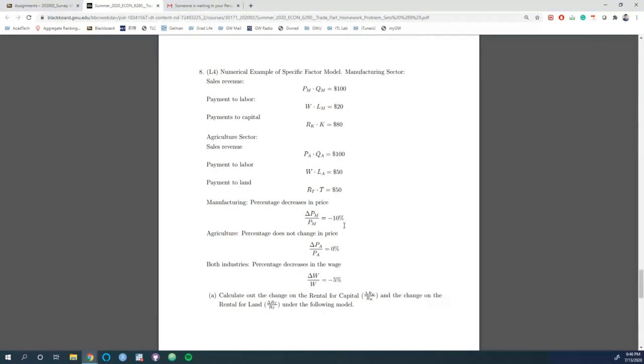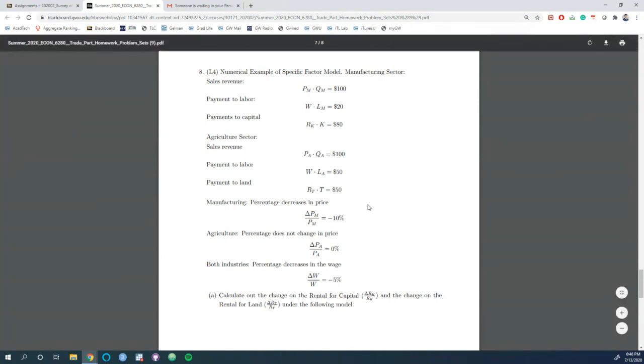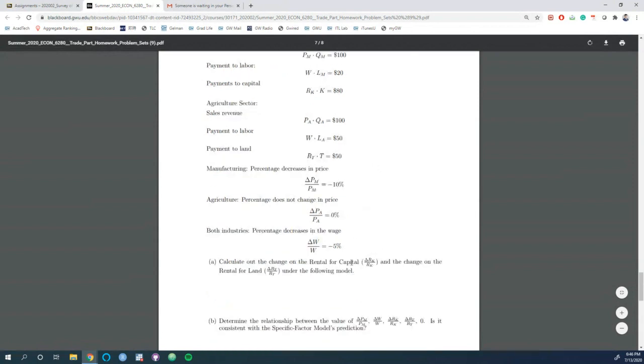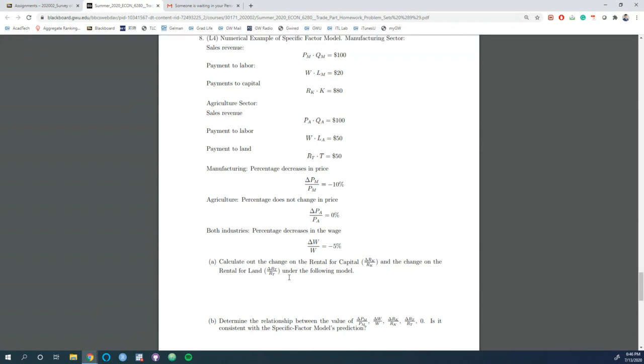So the manufactured goods is decreasing, right? So the rest of you understand this setting, the rest of the question is just plugging into the formula. So let me go over a little bit.